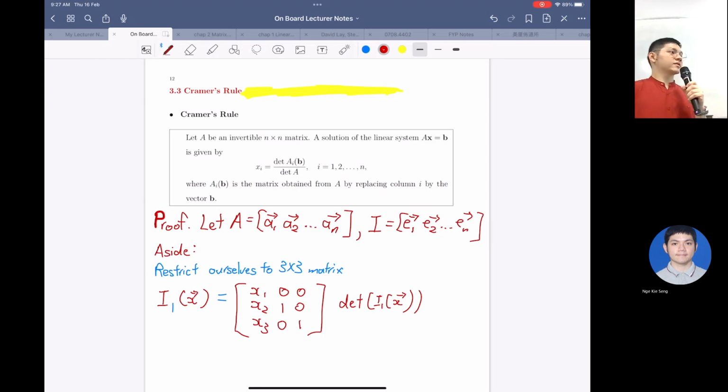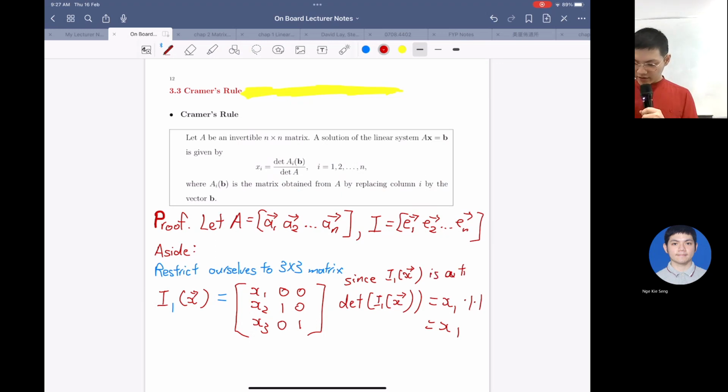Anyone still remember how to compute this? Yes, since I1(x) is a triangular matrix, the determinant is just the product of the diagonal. So this reads out x1.